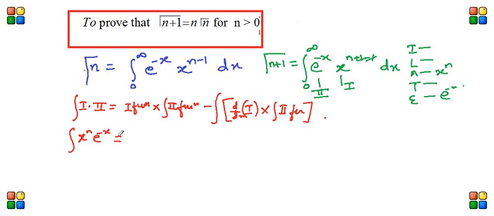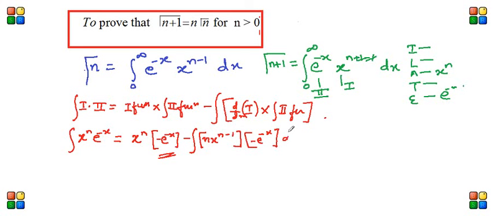So first function is x raised to n, integration of e raised to minus x is minus e raised to minus x, minus integration of differentiation of x raised to n, which is n x raised to n minus 1, into again integration. We can always copy paste this thing because in the formula the same thing occurs two times, with respect to x.